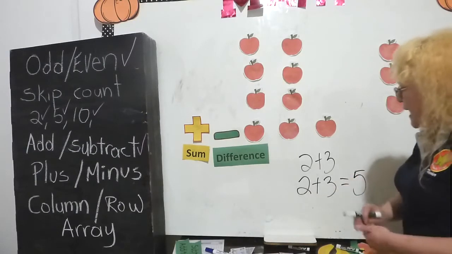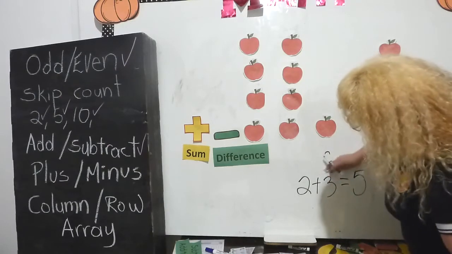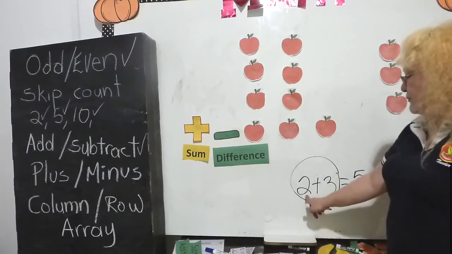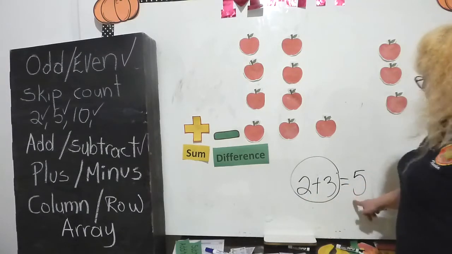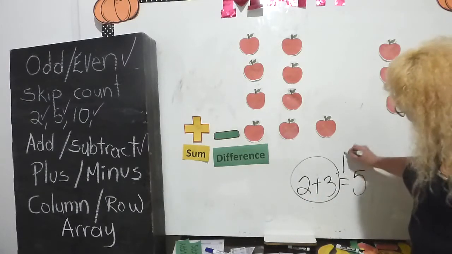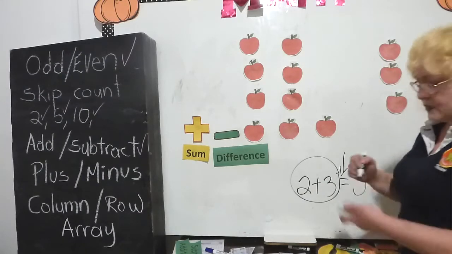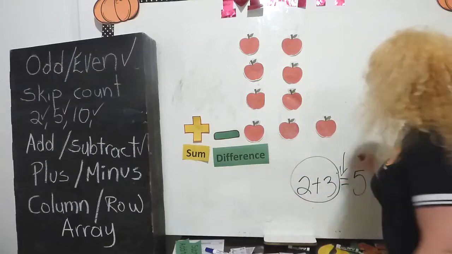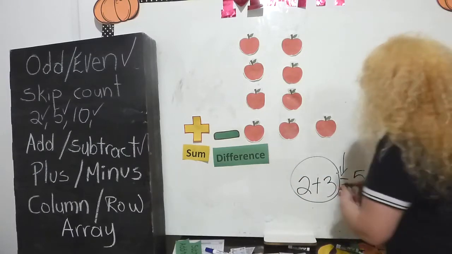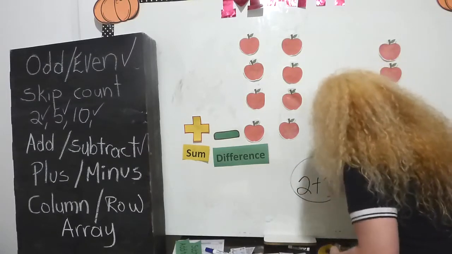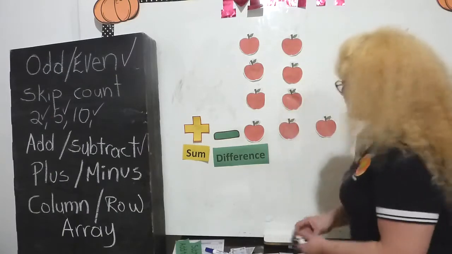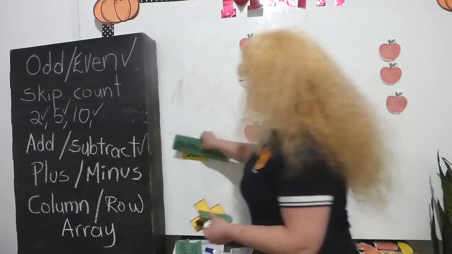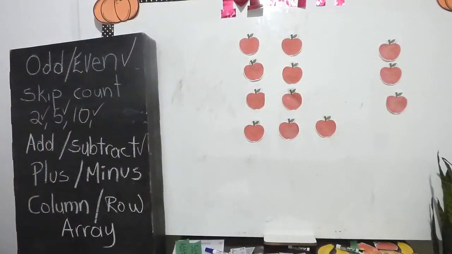Because I am saying that these two numbers together, if I have 2 and I add 3, is the same as saying 5. Okay. That's it there, right? Too many things to study today. I'm going to move this. Is that clear? Okay.